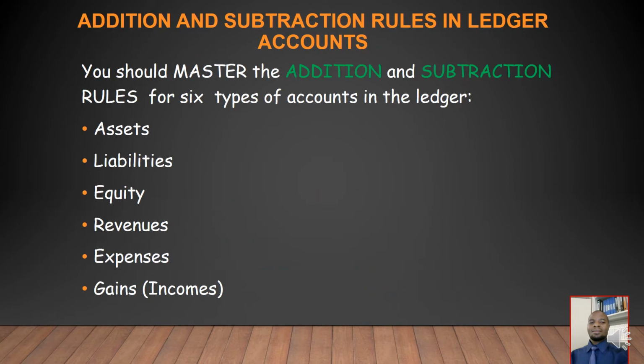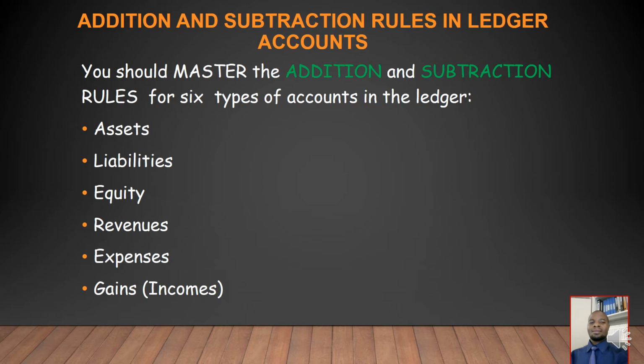And so someone may ask, but how do I master the addition and subtraction rules? Yes, you need to master addition and subtraction rules for 6 types of accounts in the ledger. These are categorized into 2. So we have assets, expenses, and costs, and then you also have liabilities, equity, revenues, and gains.